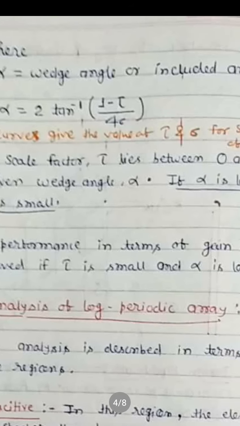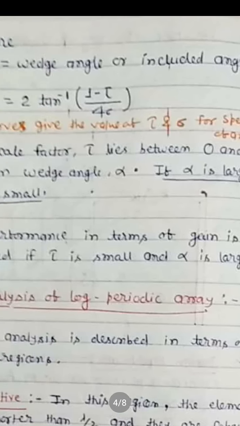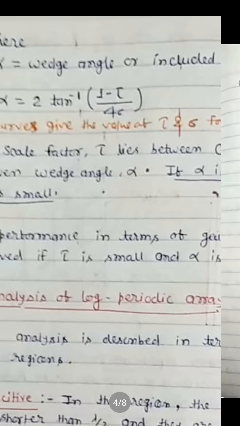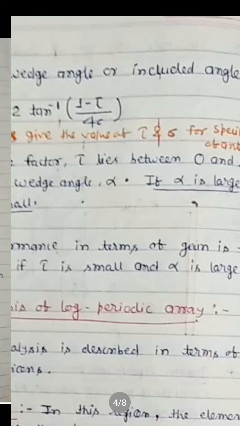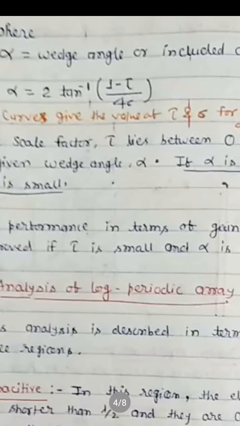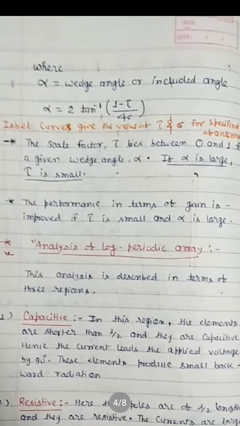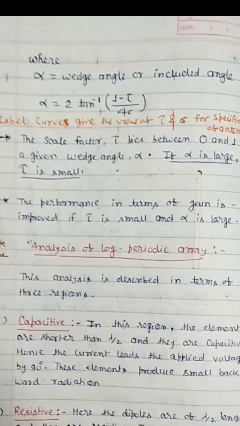The scale factor tau lies between 0 and 1 for a given phase angle alpha. If alpha is large, tau is small. The parameters in terms of gain are improved if tau is small and alpha is large.